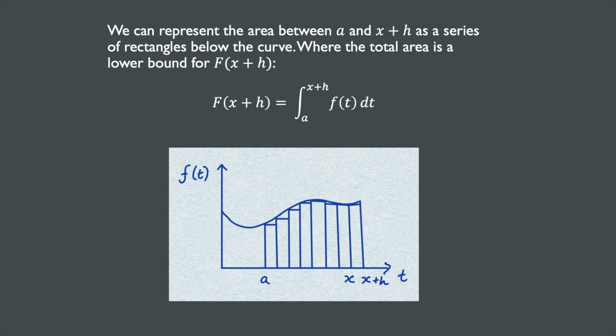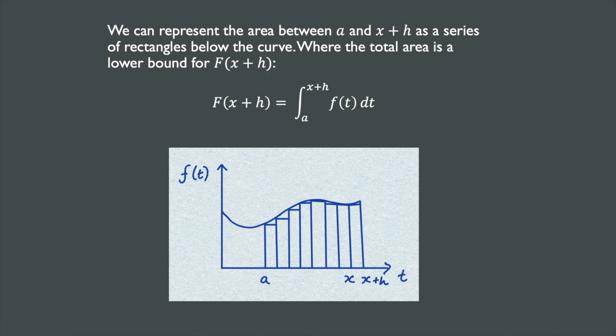So we're going to take the lower bound for the area by splitting the curve up into a series of rectangles from a to x plus h in this case. So this is for the function uppercase F of x plus h. So we can represent the integral between a and x plus h as a series of rectangles below the curve where the total area is a lower bound for uppercase F of x plus h.